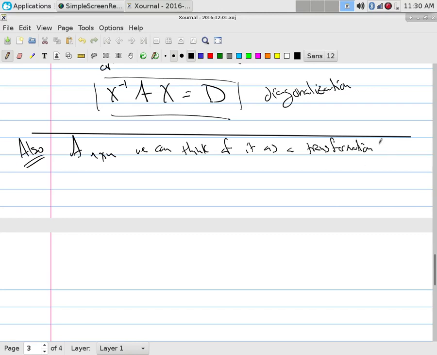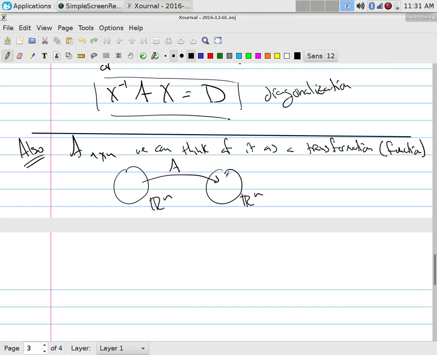Or a function. Over here is Rn, over here is Rn, and then A moves vectors, right? It's a transform. It transforms space. We've already talked about things like that.